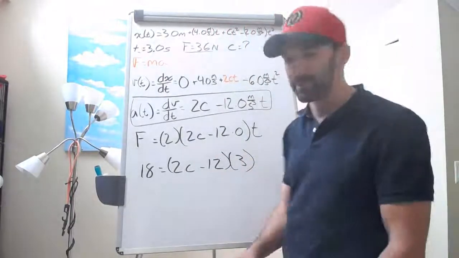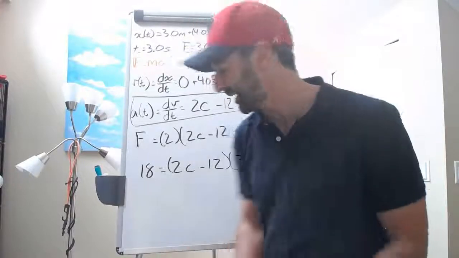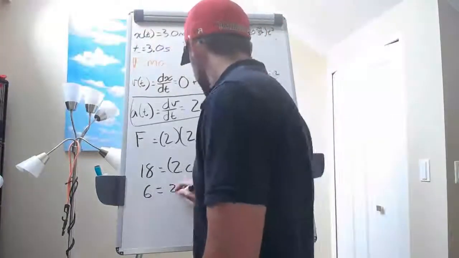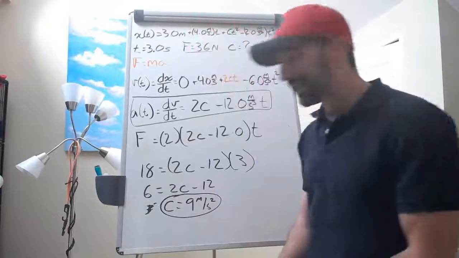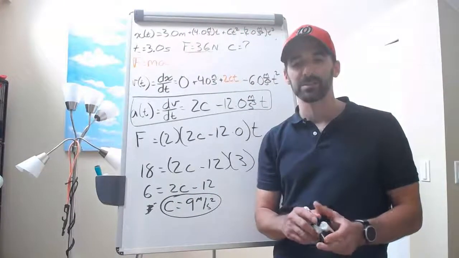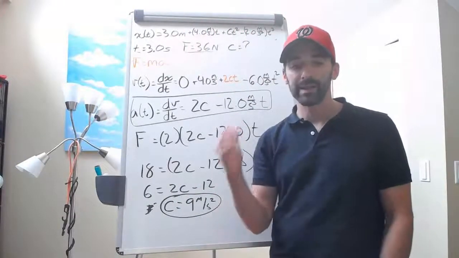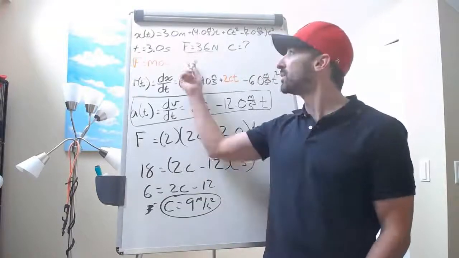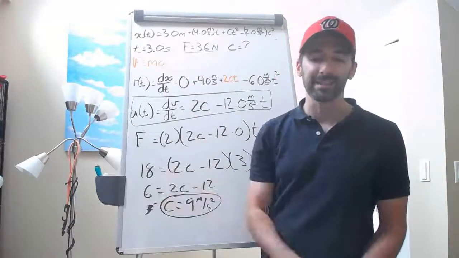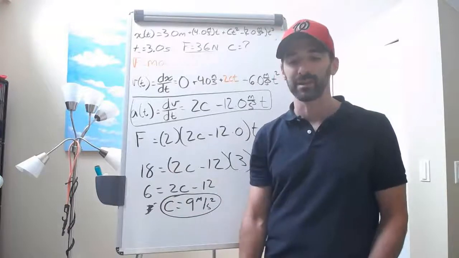I can do a little bit of math, or I can use my eye. I'll just do the math out. And we get c equal to 9 meters per second squared. So we had a direct application here. Newton's laws rolling right into kinematics with some calculus review.